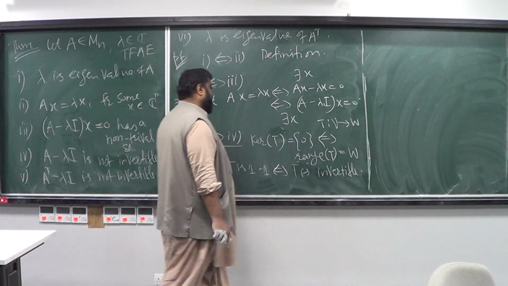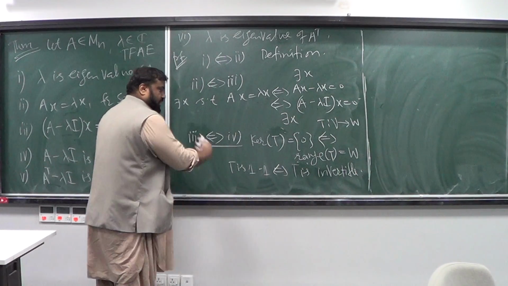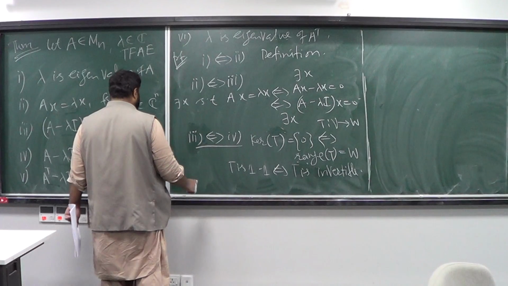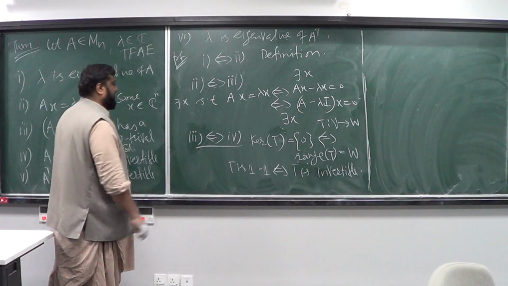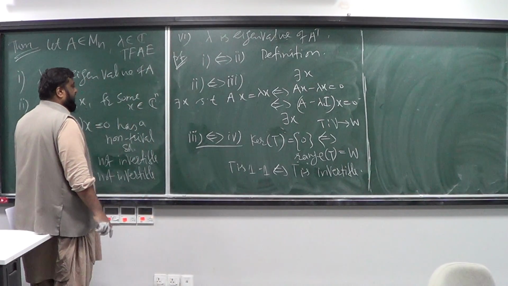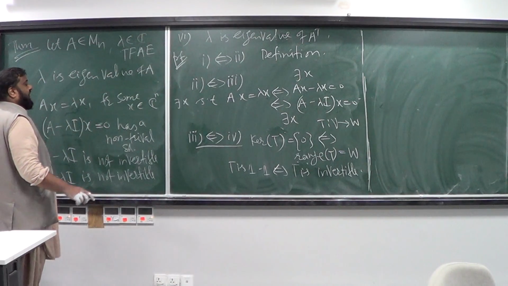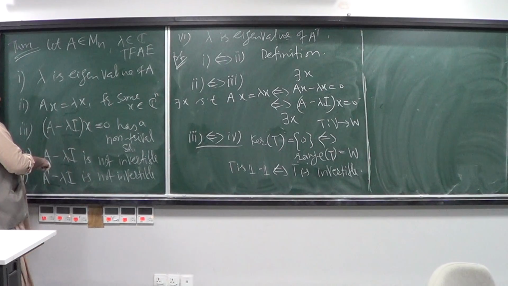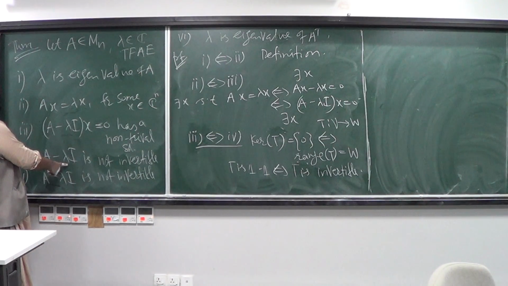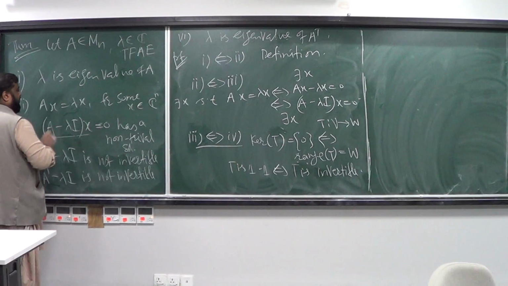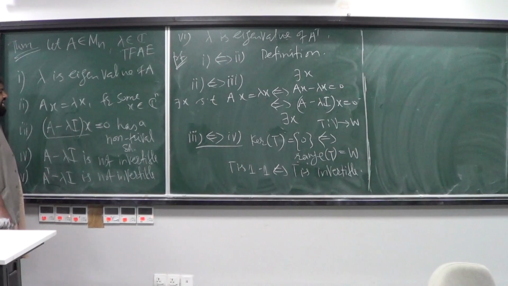Corresponding to this, I can say that if I consider this T as a matrix, for example A minus lambda I, then what would be the meaning of A minus lambda I x equals 0?